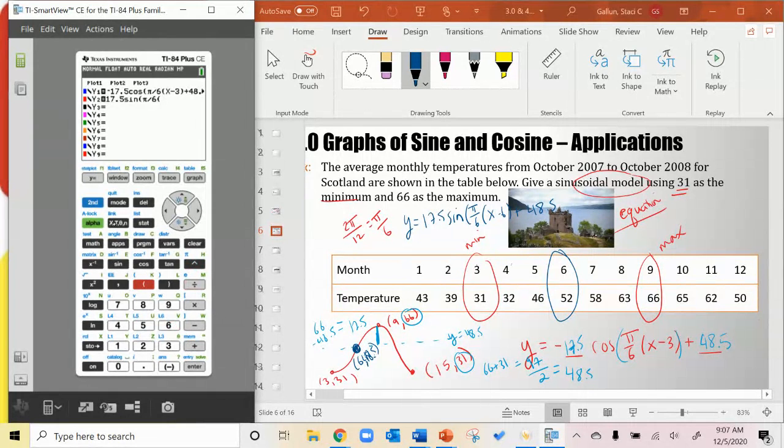It's always good to practice with using your calculator and calculator keystrokes. So this can never hurt, guys. Plus 48.5.